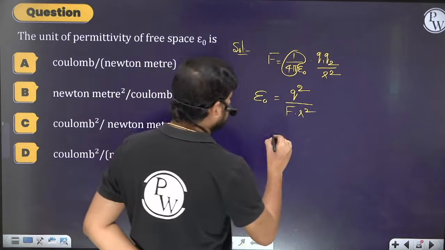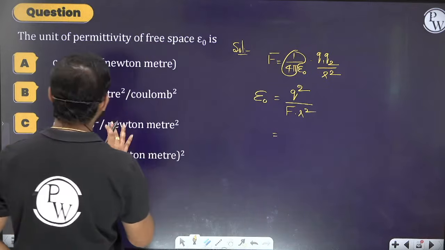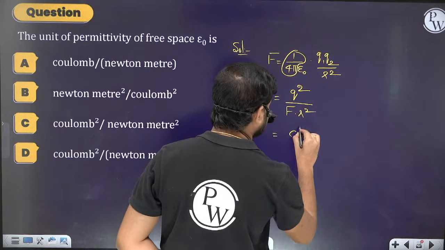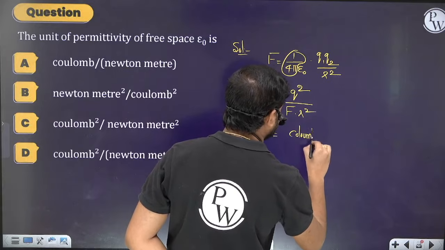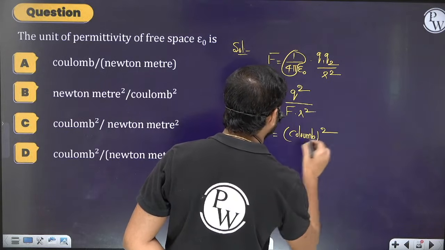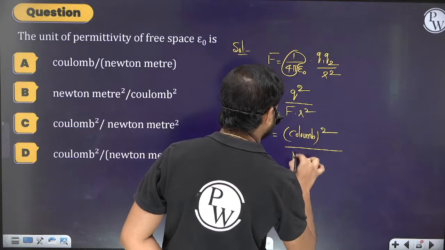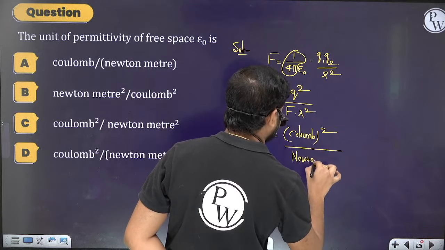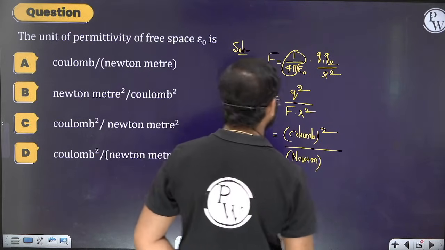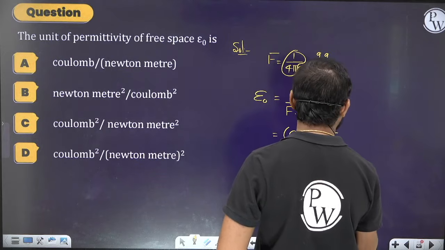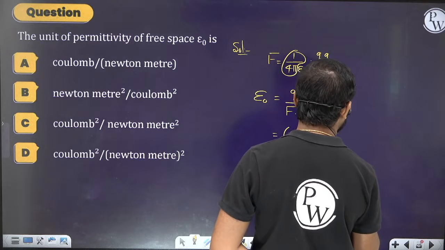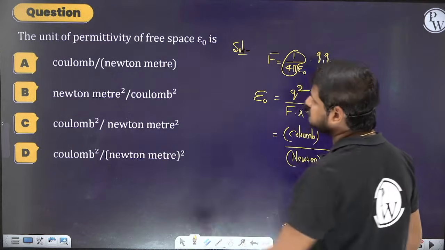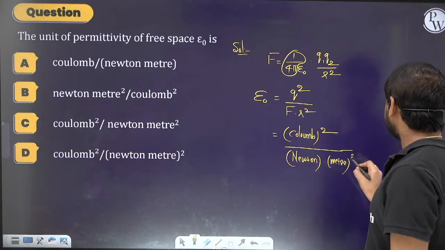Here what are the units of Q? Coulomb. So I can write Coulomb square by force, which is denoted by Newton, and R is the distance, R we can write meter. So R square, which is meter square.